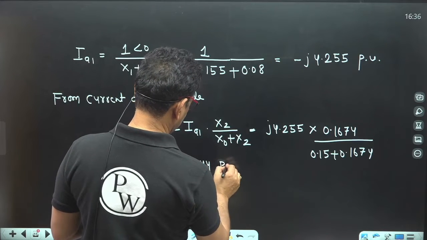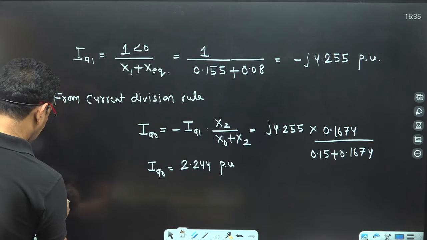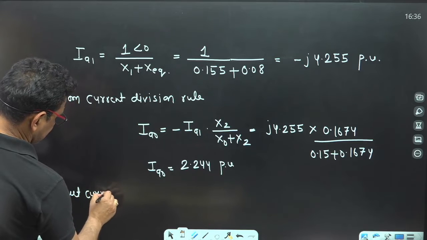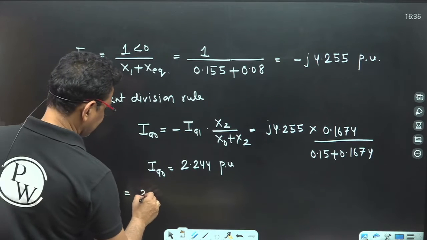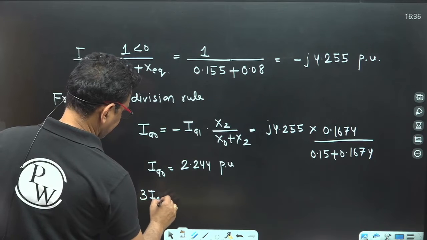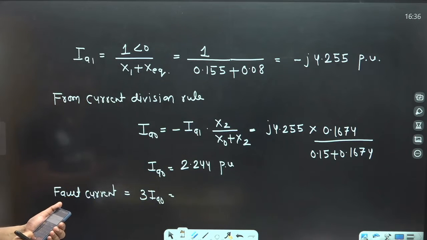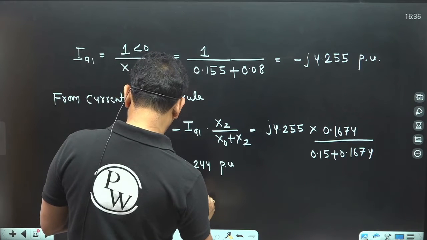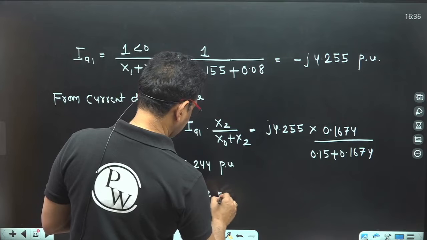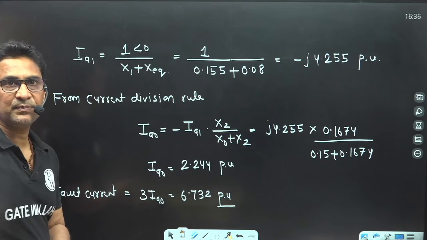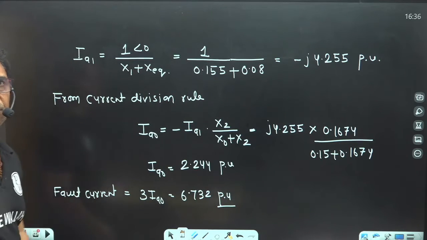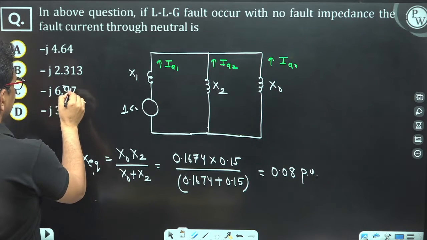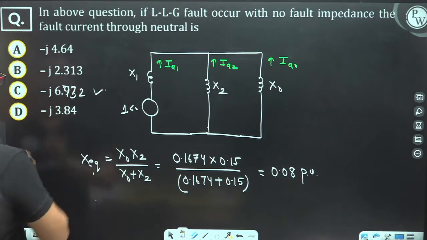Now, the fault current is 3 times IA0, multiplied by 3, which is 6.732 pu. 6.732 is the right answer. So C is the right answer.